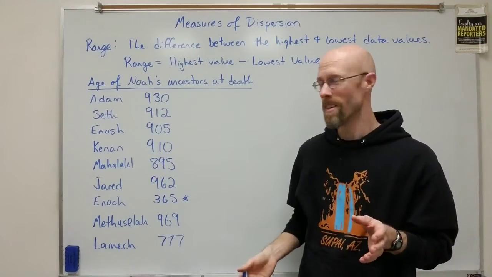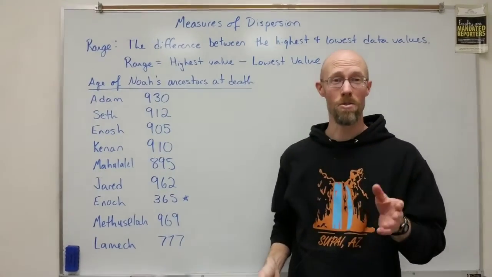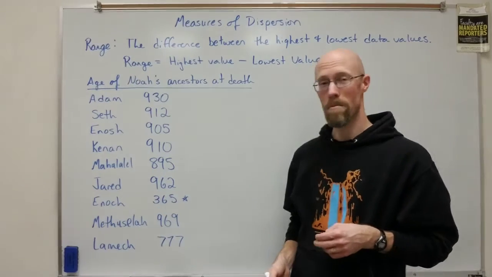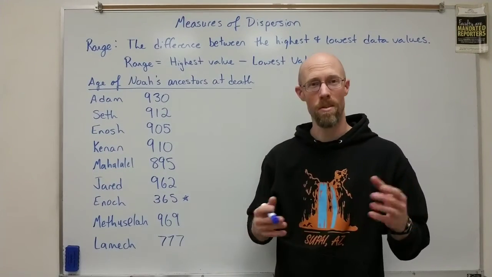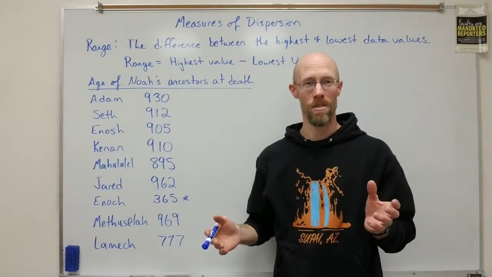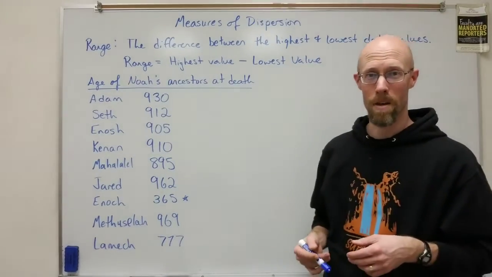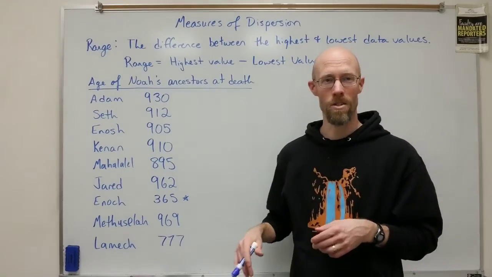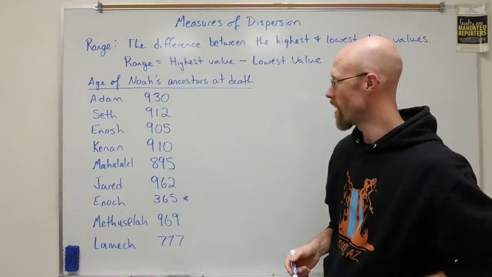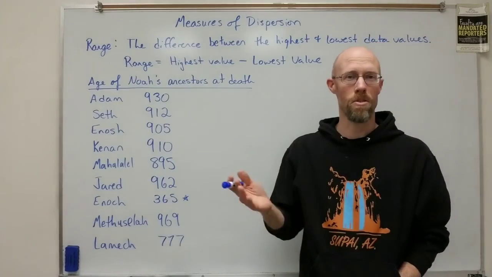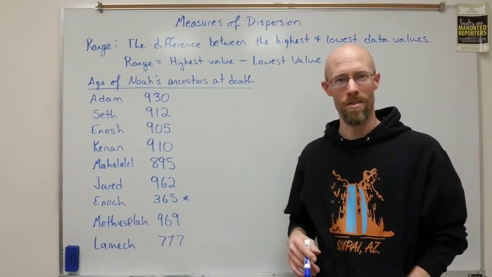I tend to believe that probably is true, but there's a lot of debate about that, even outside of the Christian world. There's a lot of debate about what these ages actually mean. But let's just take them at face value and just do some math. We're just here to do some math, so I thought it was kind of interesting to throw these numbers up there.